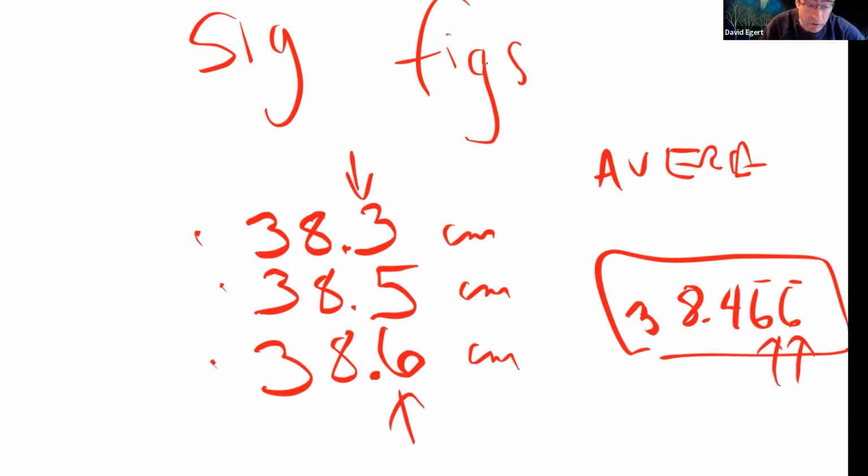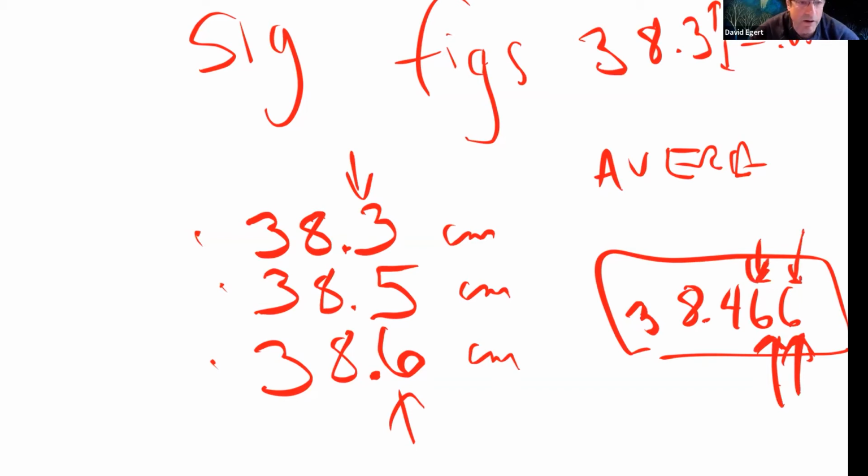And what Rebecca was saying, this actually means 38.3 plus or minus 0.05. It looks good, like wow, I know their calf circumference to so many decimal places, but it's meaningless. It doesn't mean anything.